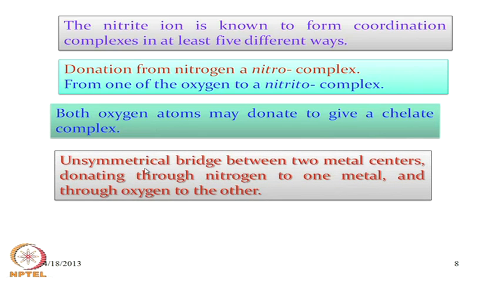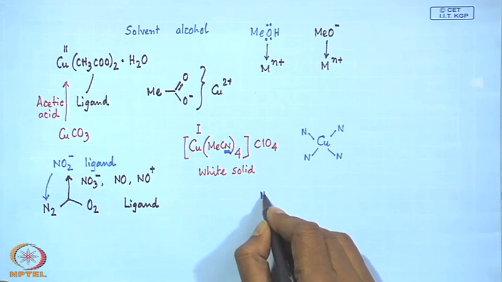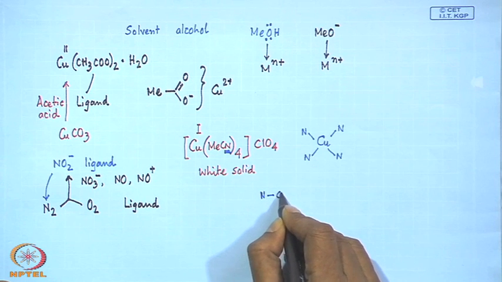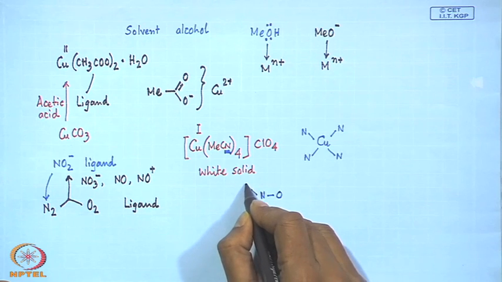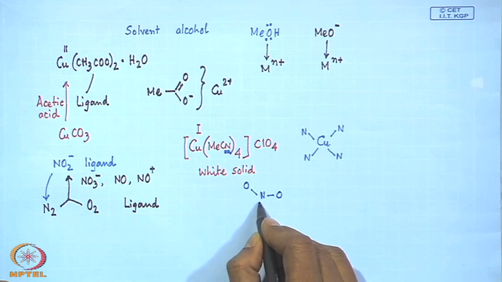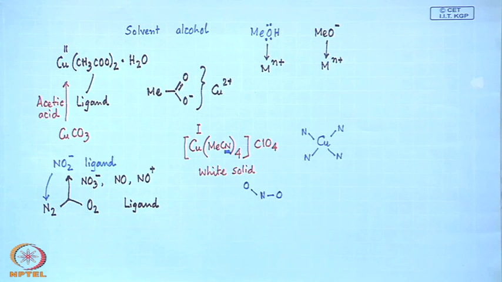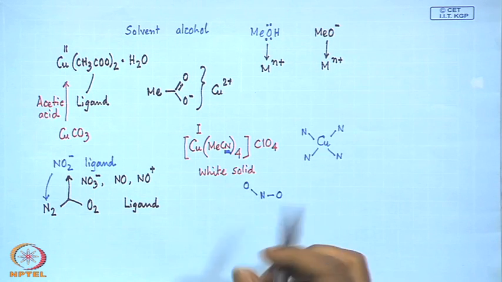Then we can have the unsymmetrical bridge between 2 metal centers, donating through the nitrogen to one metal and through oxygen to the other. That means, if we have this nitrogen and oxygen and this is another oxygen, it can bridge between 2 metal centers.